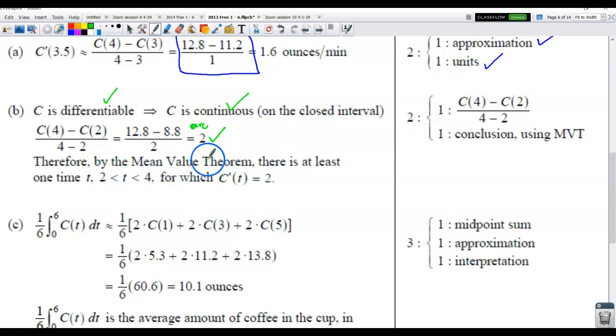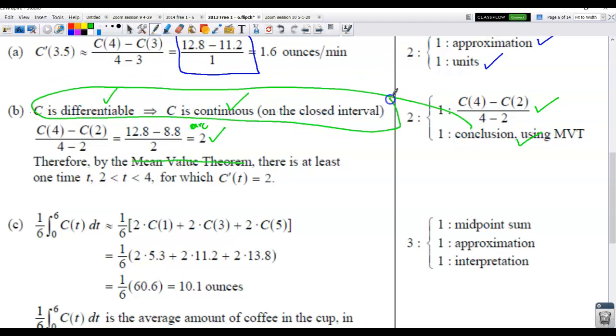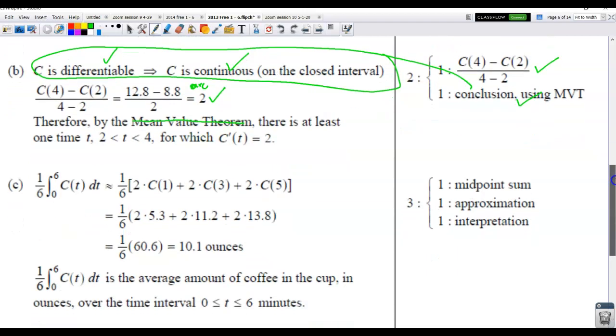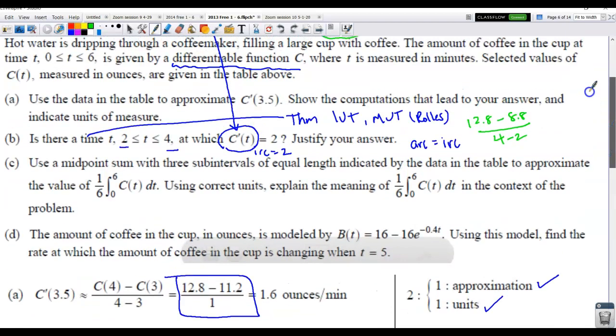Therefore, by the mean value theorem, and you don't have to quote the theorem, there is at least one time in which the derivative is equal to 2. 1 point for calculating the average rate of change and 1 point for the conclusion using the mean value theorem, and that conclusion includes you stating the conditions of the theorem. Remember, they told us they want concise, good, clear answers.